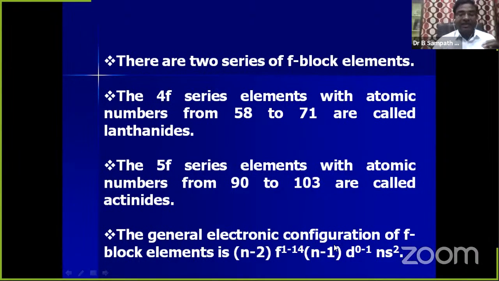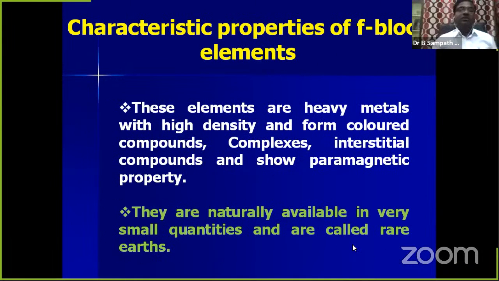The general electronic configuration of f block elements is (n-2)f1 to 14, (n-1)d0 to 1 and ns2. Now let us see the characteristic properties of f block elements, children. These elements are heavy metals with high density and form colored compounds, complexes, and interstitial compounds, and show paramagnetic property.